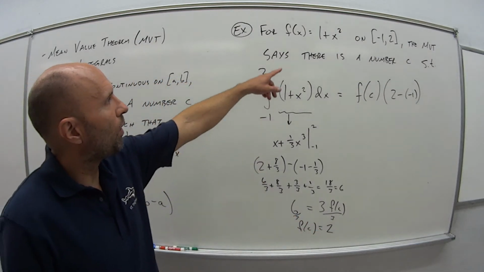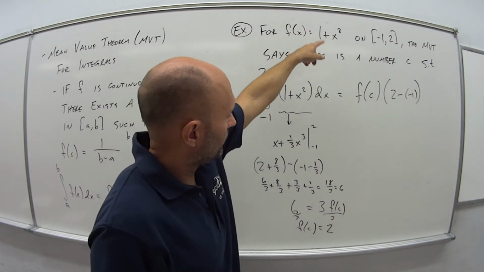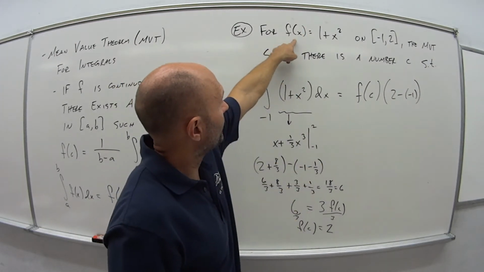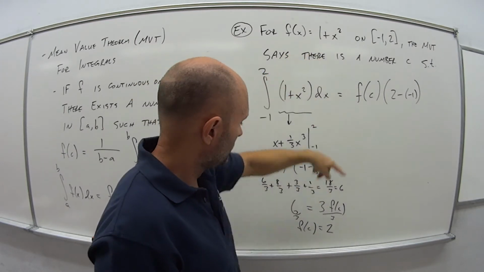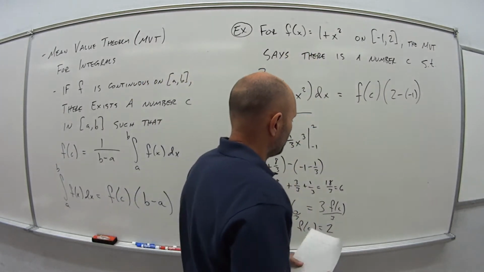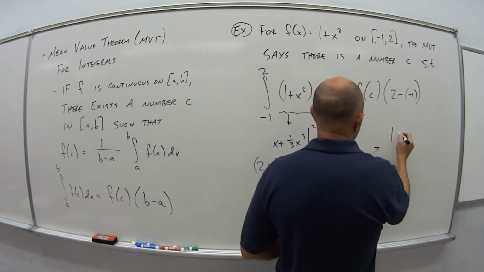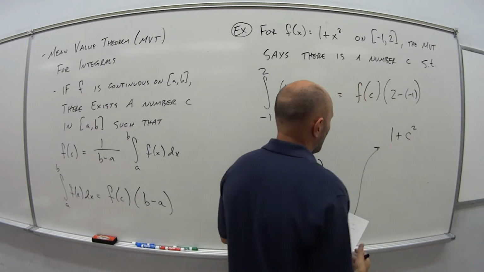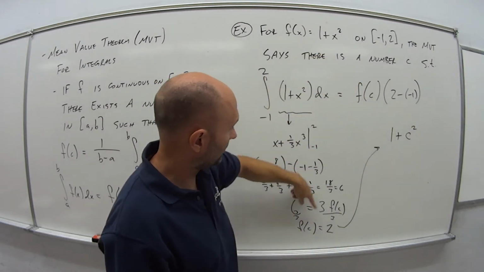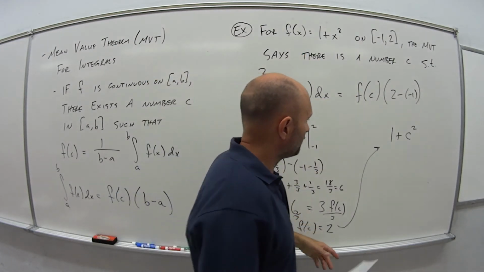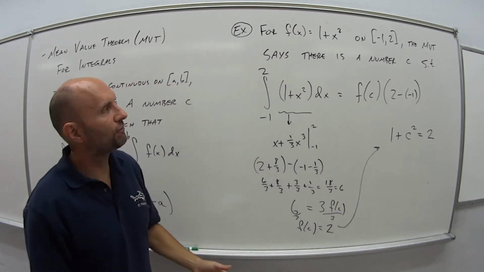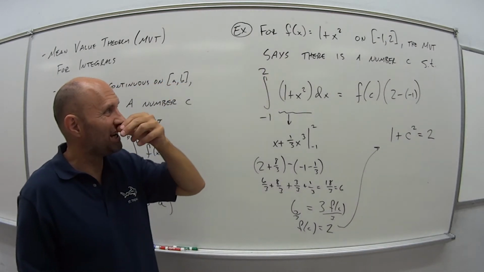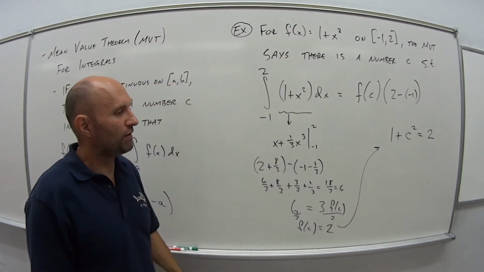So that means if f of x is 1 plus x squared, that equals 2 when our value of x is equal to c. So this means 1 plus c squared, I'm plugging in c anywhere I have an x, has to be equal to 2. So I'm trying to find out here what number c actually gives me the mean value of this integral.